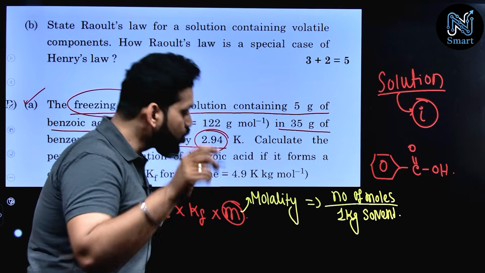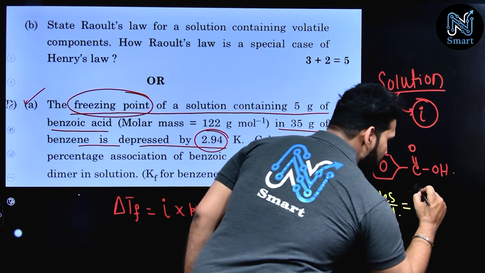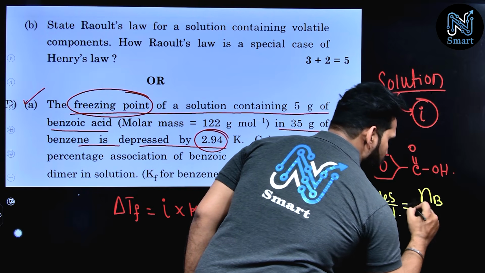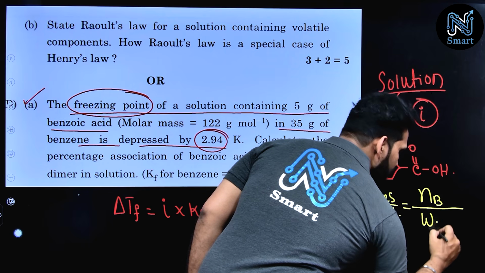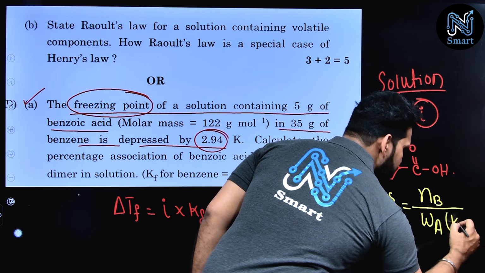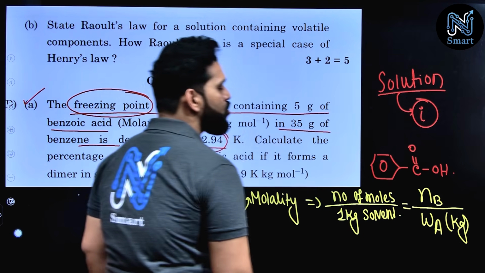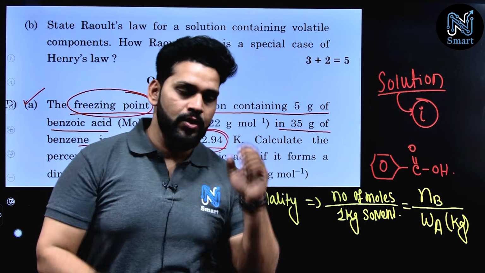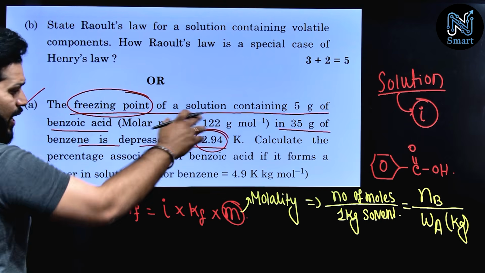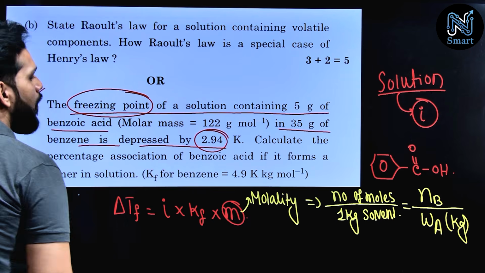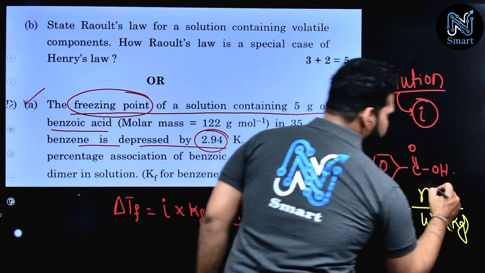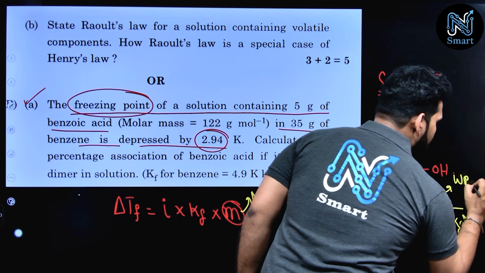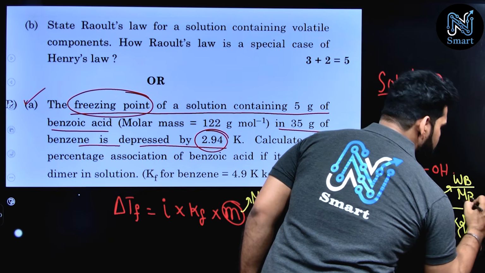So if that is true, then can I write it this way? Number of moles of solute, B for solute, over mass of solvent in kg. A is your solvent, B is your solute, okay? Yes, I can. Now NB can be written as WB by MB, mass by molar mass, right, guys?